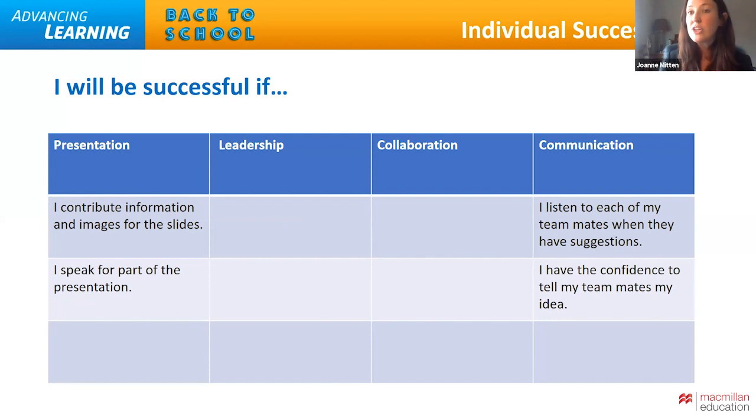So if I do that, I know that I'm doing a good thing for the group and it's going to contribute to the end project. I will be successful if I speak for part of the presentation. And then looking at a skill, looking at communication, I will be successful if I listen to each of my teammates when they have suggestions. And I will be successful if I have the confidence to tell my teammates my idea.